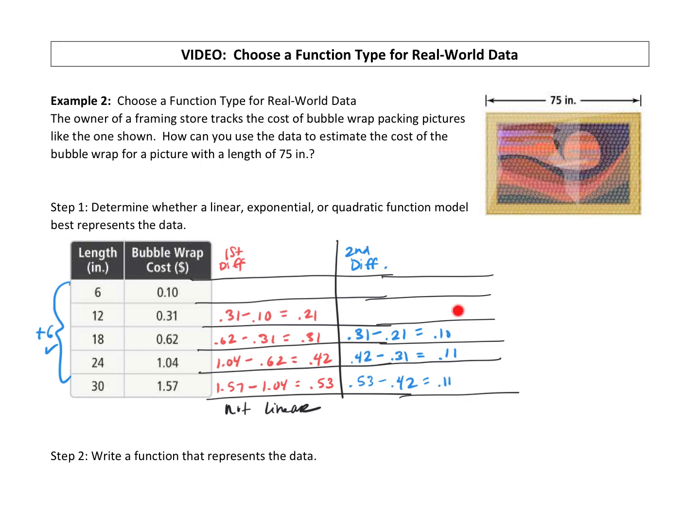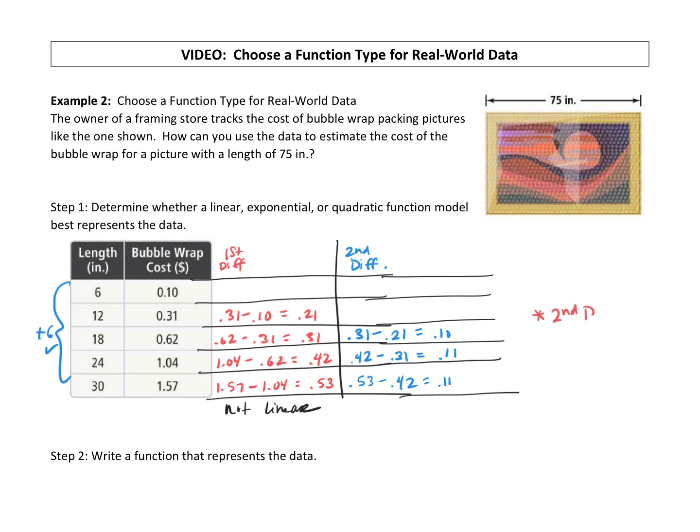So these are not exactly the same because we have a couple 0.11s and a couple 0.10s. The difference here is down to hundredths. So we're going to say that the second differences are roughly constant, because in a real world situation, they may not be exactly constant the entire time, but as long as they're pretty close, I think we're good.